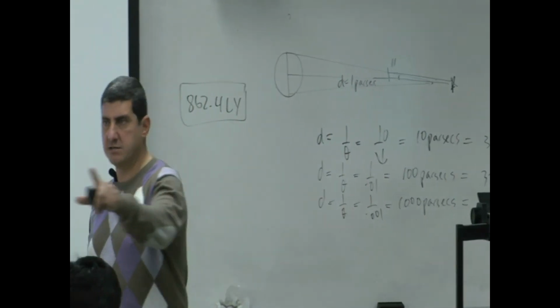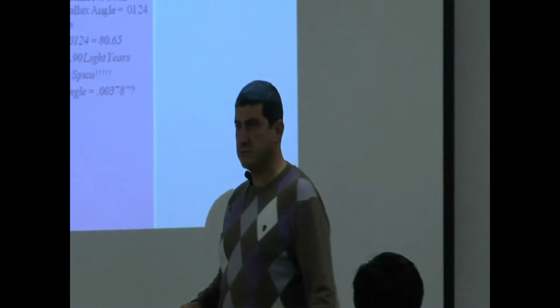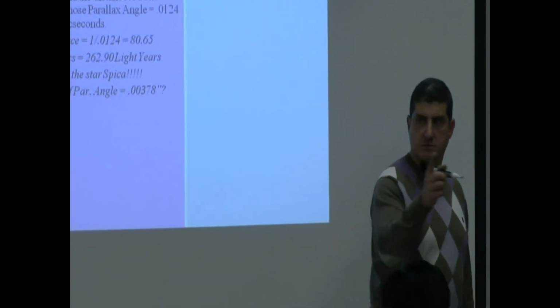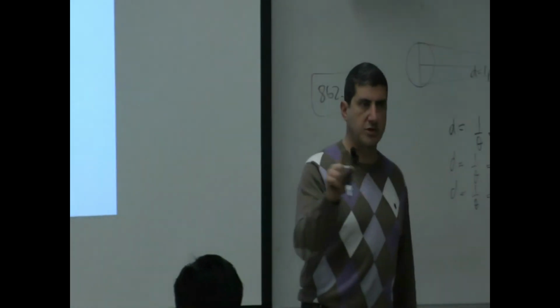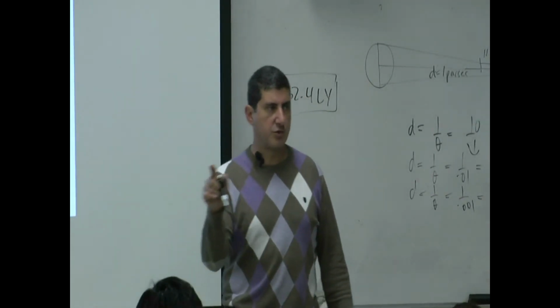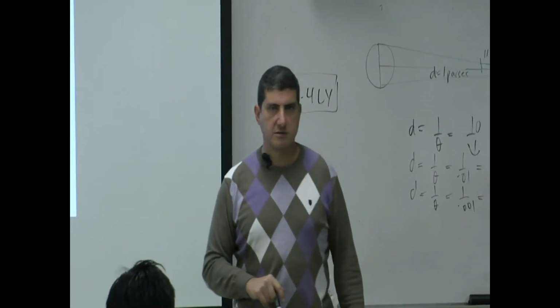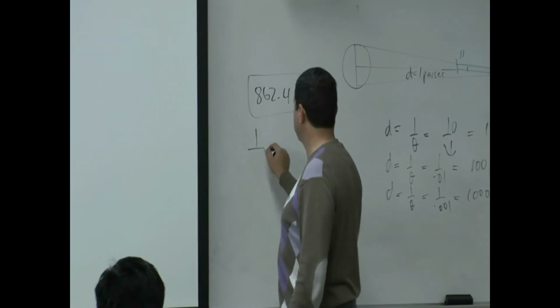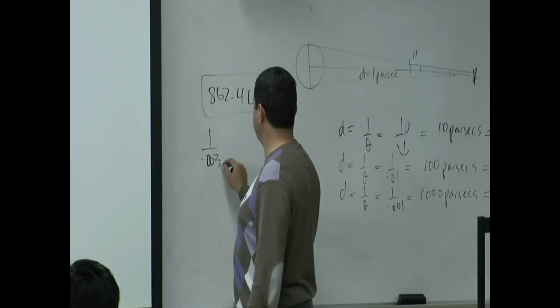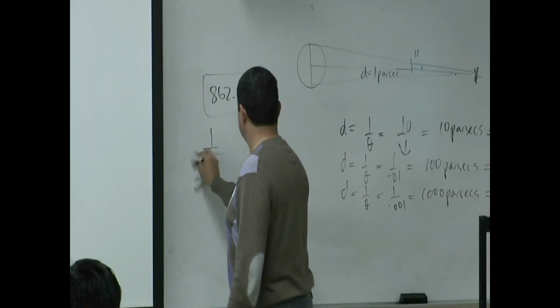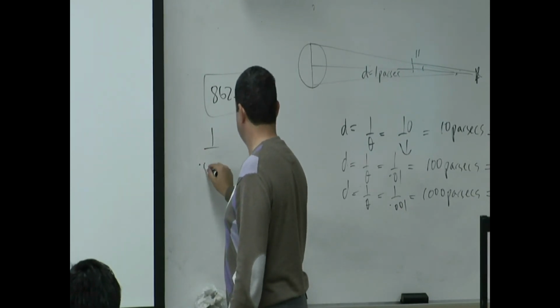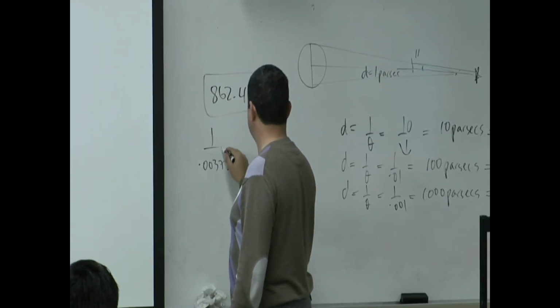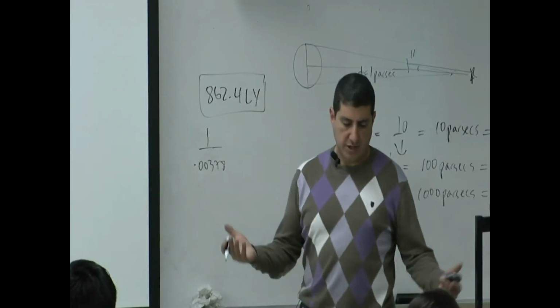Anyone else get that? Anyone not get it? No one is wondering how to get it? 1 divided by 0.00378, right?